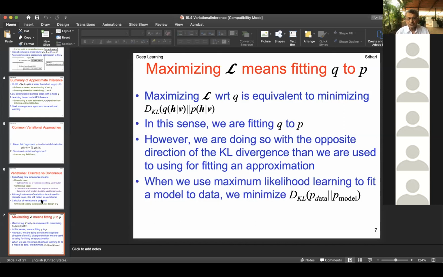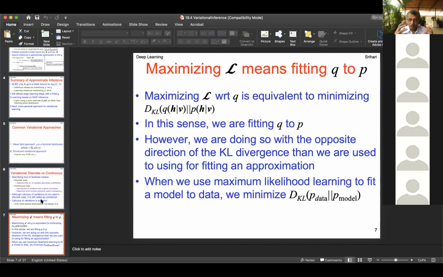However, we are doing so with the opposite direction of KL divergence than we are used to using for fitting an approximation. When we use maximum likelihood learning to fit a model to data, we minimize DKL(P_data || P_model). So think about any general problem in machine learning. We've got a distribution of the data and we are trying to make a model for it.